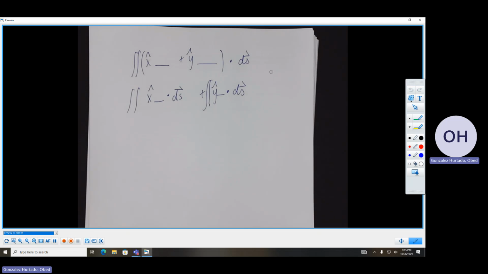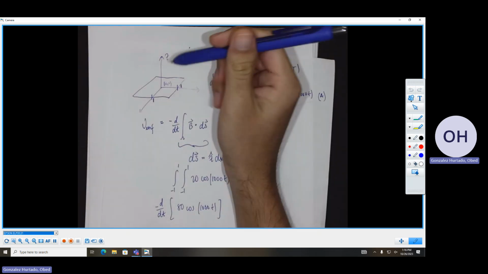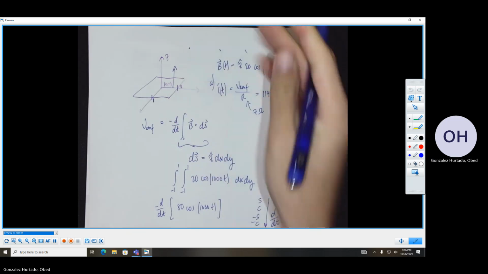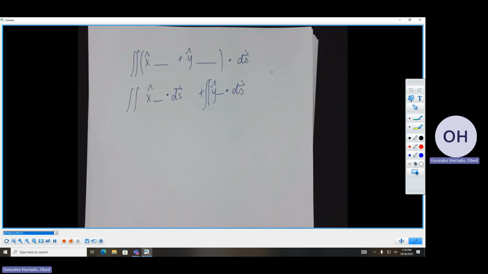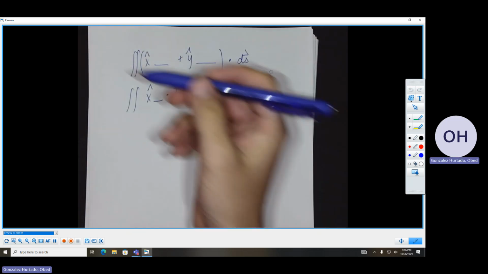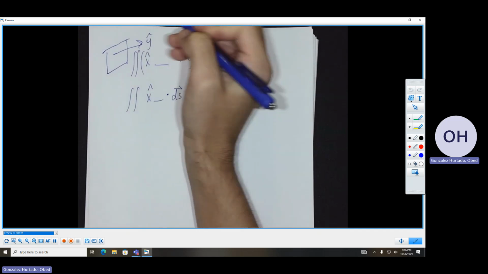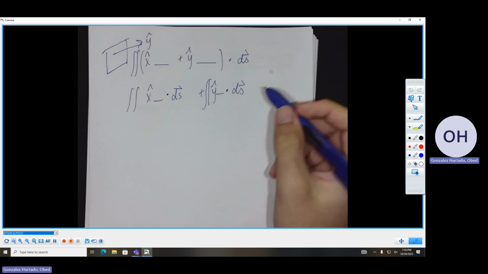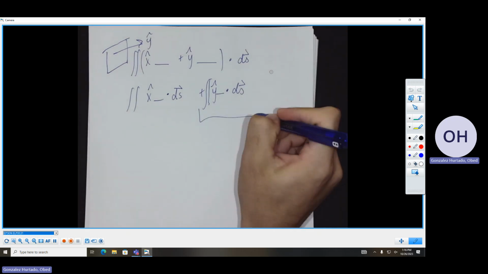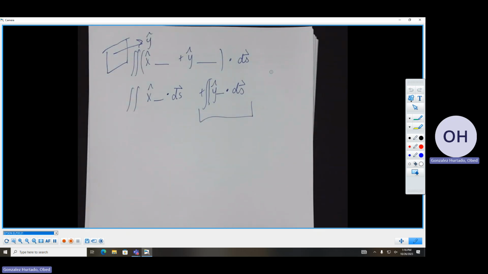So you would only be using the one that's in that direction. Directions and bounds are tricky. So for this one, since it's in the z direction, okay, let's say it's in the y direction. Then our dS would be the y, so we'd only be keeping the y.